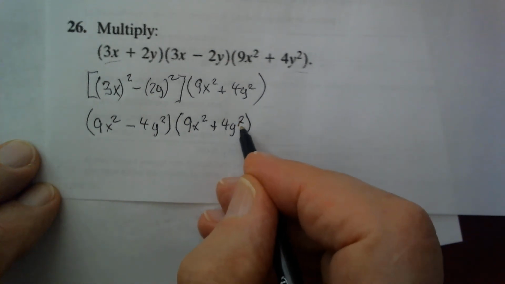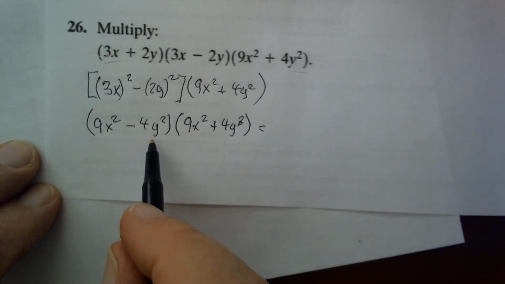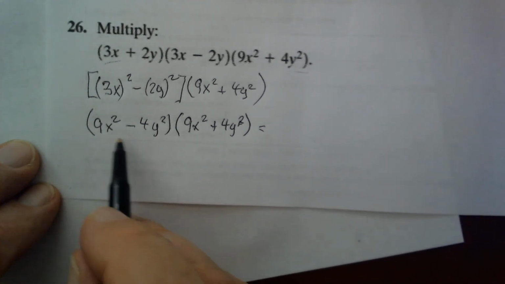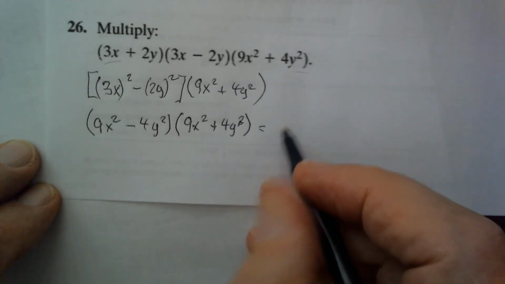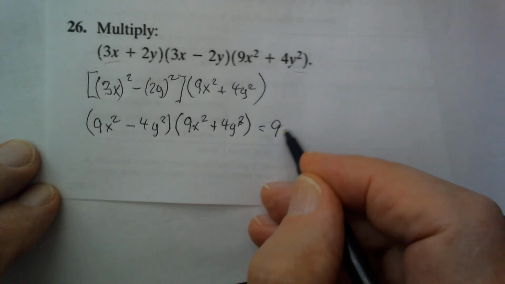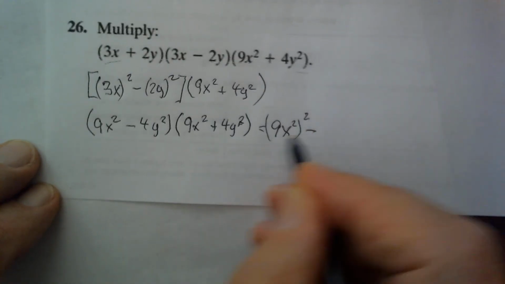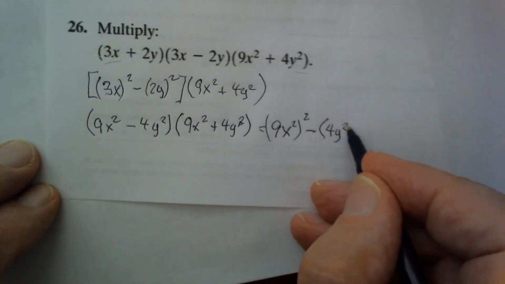And so all of a sudden we realize now that that is another one of the form a minus b times a plus b, except a is now 9x squared and b is 4y squared. So that then becomes 9x squared to the second power minus 4y squared to the second power.